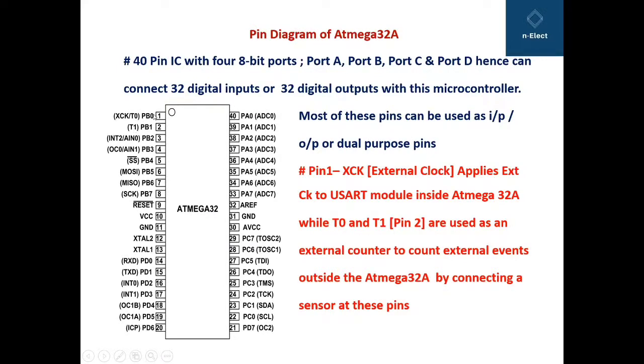T0 is the alternate function of pin number 1, and T1, that is pin number 2, are used as an external counter to count external events outside the ATmega32A by connecting a sensor at these pins. So externally sensors can be connected to these pins T1 and T0, and the external events can be counted with the help of these pins.